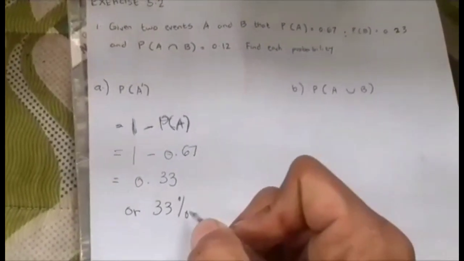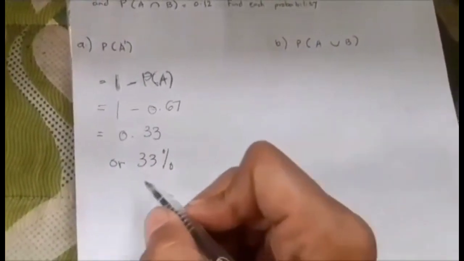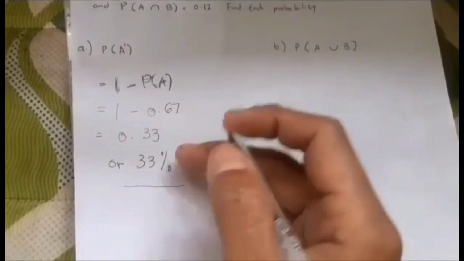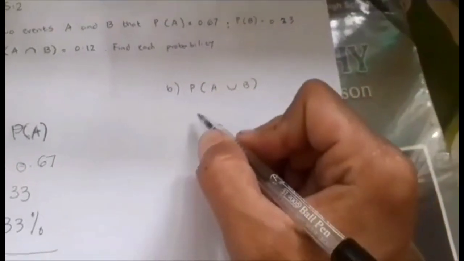So that is the probability that we find in part A, 33%. We can go now to the next one.